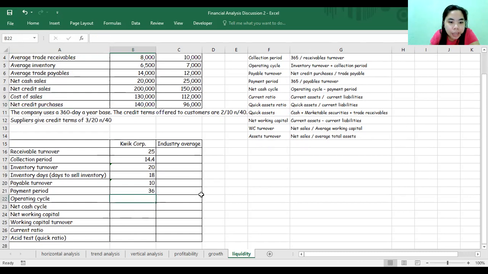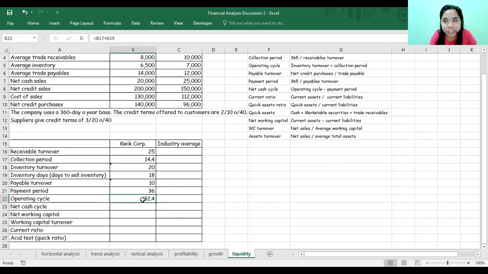Then your operating cycle is your collection period plus your inventory days, or days to sell your inventory. So it's 32.4 days. Since we don't have 0.4 days, we can have it as 33 days. Okay? 33 days. In an exam, it needs some common sense: we don't have 0.4 days or hours, since we don't have particulars.